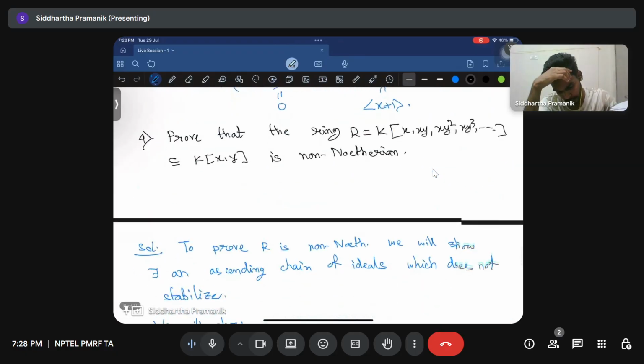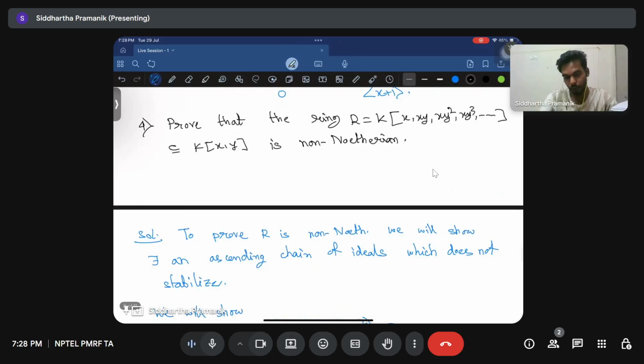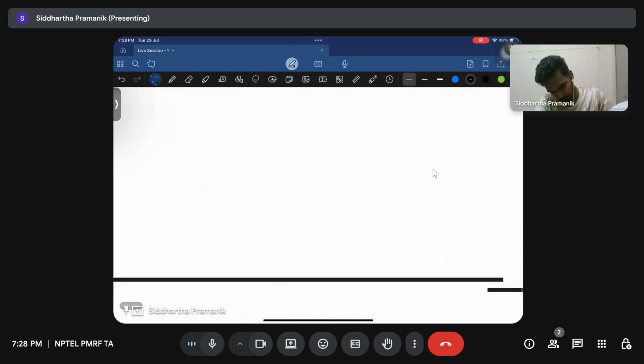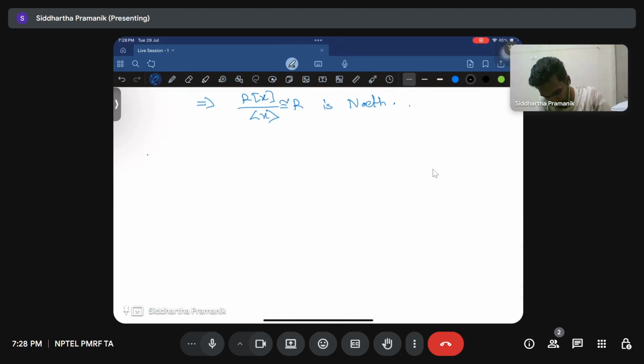Okay. So maybe I will do one more example of a non-Noetherian ring. It's problem number 6.